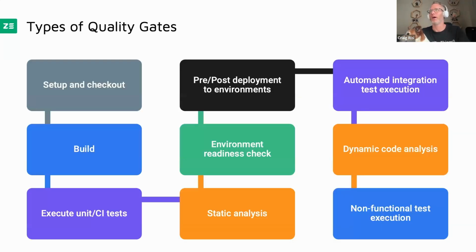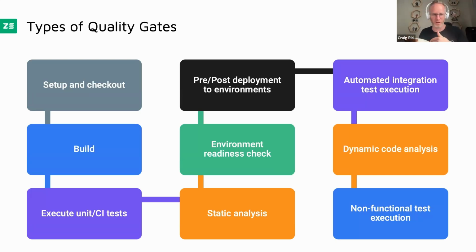And here are some types of quality gates that you can get. You can run a quality gate at the setup and checkout phase. So when you're just setting up your machine to build or your code to build and checking out your code, you can already have a quality gate at that checkout phase. You can then have a quality gate to check the build of your code. So your code built, but was there a problem in the build process?